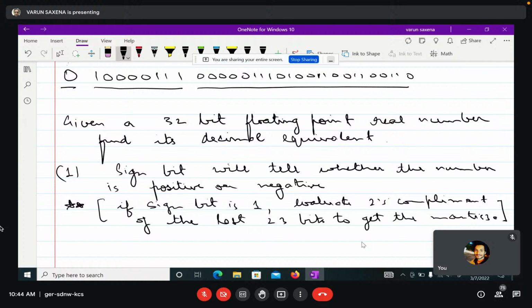That makes sense, because if the sign bit is 1, the stored value is not the mantissa, it's the 2's complement of the mantissa. So to get it back, you need to calculate its 2's complement. Okay. So this is the first thing.